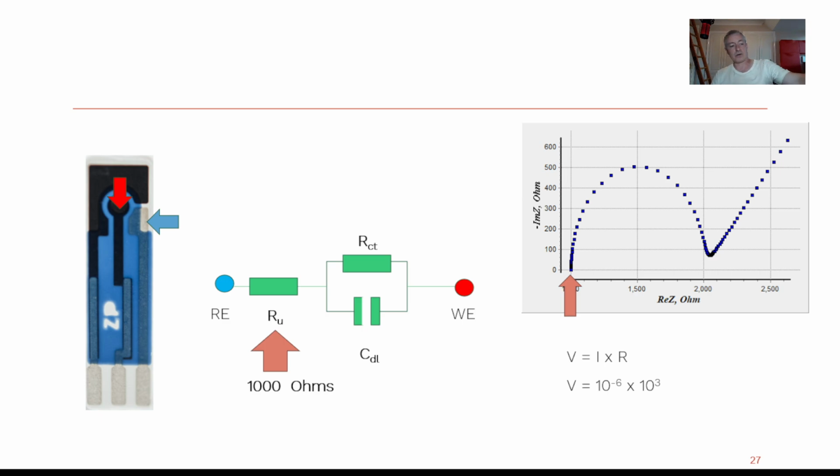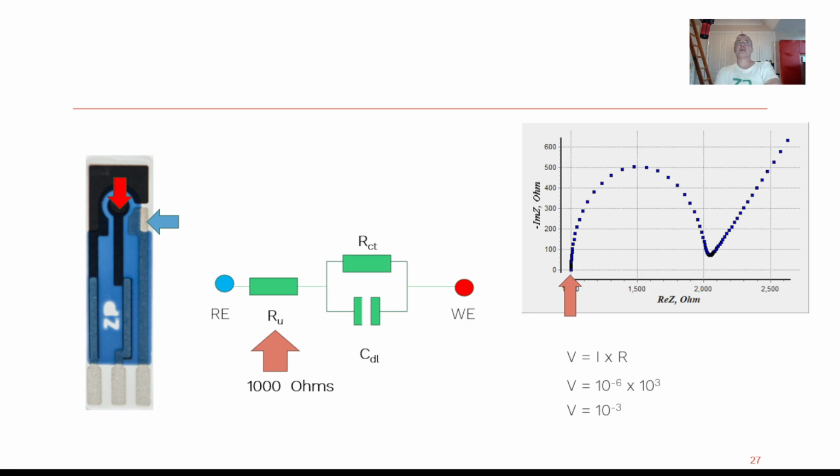Now microamps of current is 10 to the minus 6 amps of current, and let's say my solution resistance is 1,000 ohms, 1 kiloohm. It's quite a lot actually, but 10 to minus 6 times 10 to the 3 gives you 10 to minus 3. So my voltage loss is 1 millivolt, 10 to minus 3 volts.